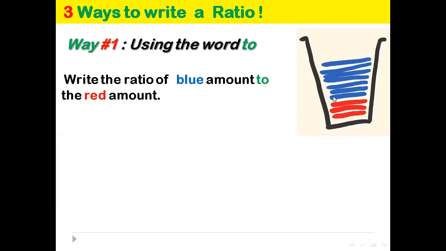Just count the lines: 1, 2, 3, 4, 5, 6, 7. So the blue is 7, to red: 1, 2, 3, so 7 to 3. This one, 7 to 3, is one way to write the ratio.